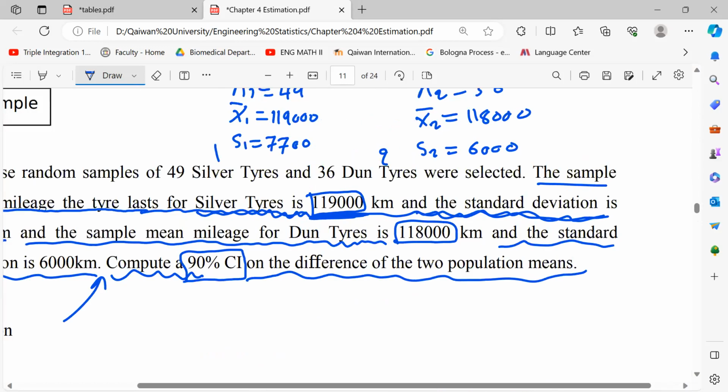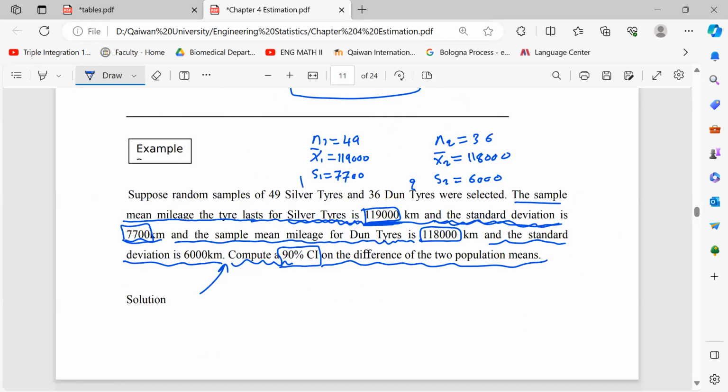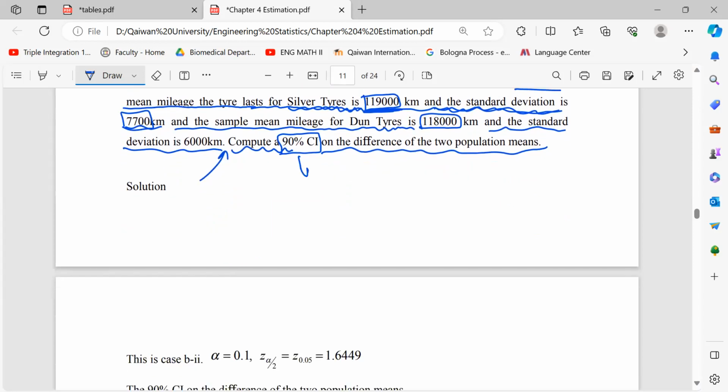But in this example, it's not given that the variances are known, which means it's the first case. We now have N1, N2, X1 bar, X2 bar, S1, S2. We just need these 6 things for obtaining the interval, and also we need alpha. Alpha could be obtained from the given information.